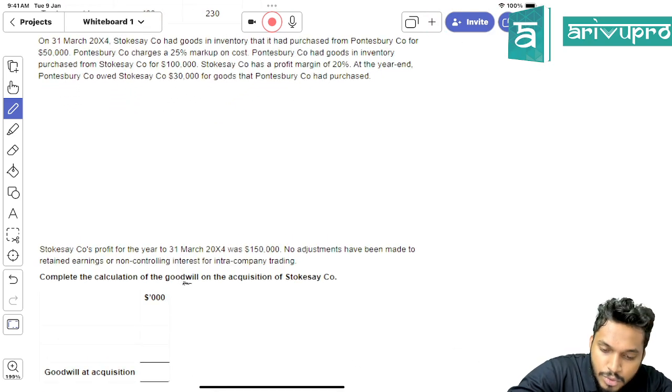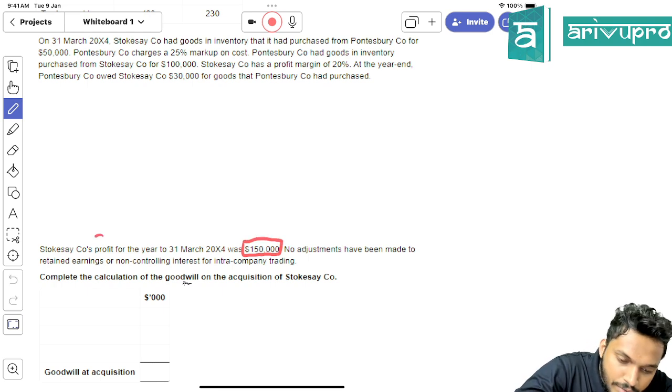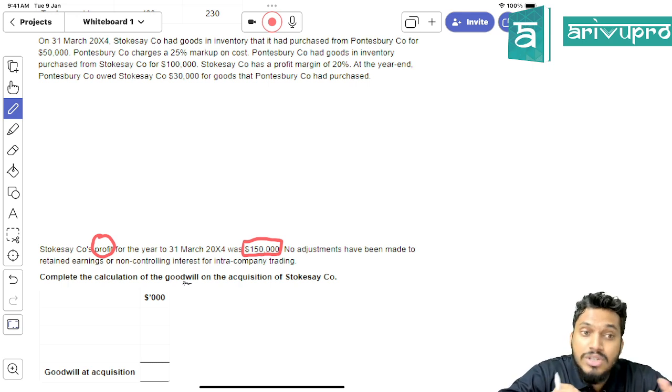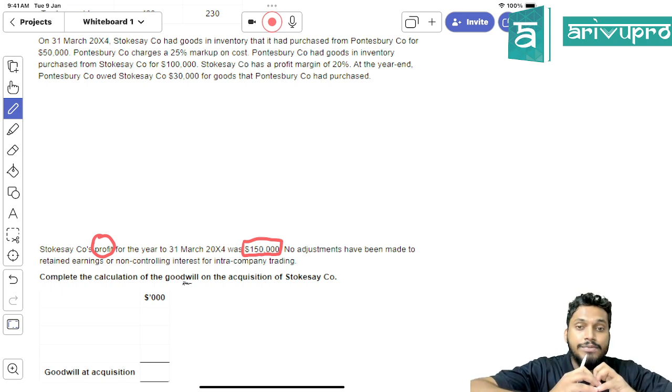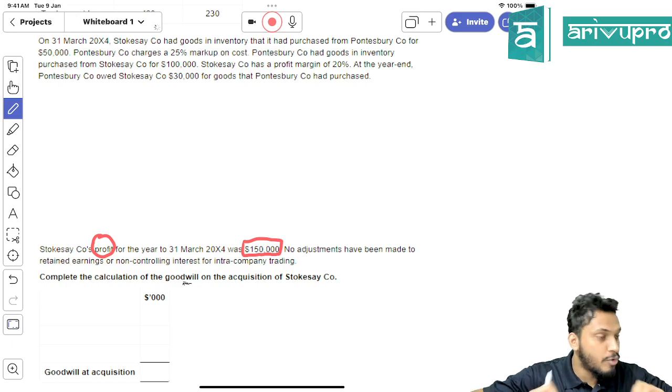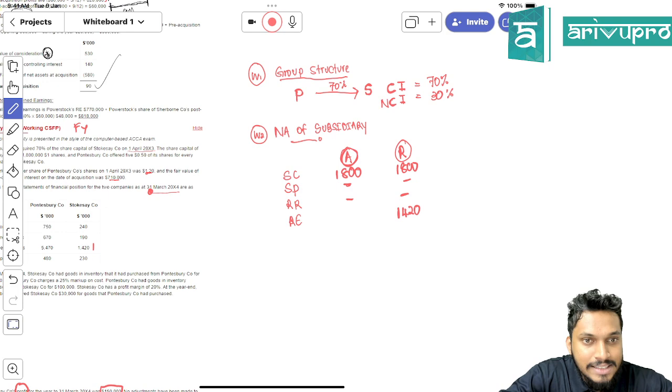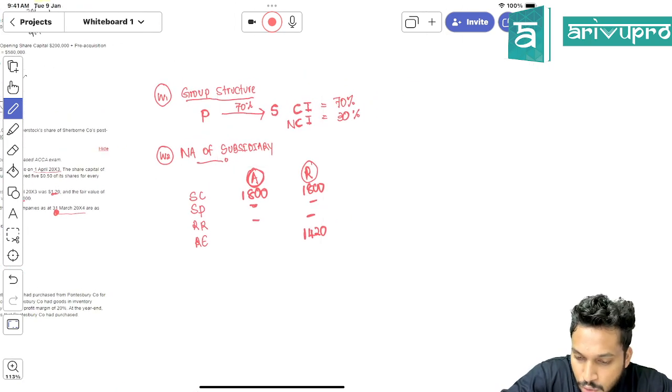They have given you 150,000 as the profits of the subsidiary for the period ending 31st March 2014. So that is for the year only, for your financial period. But you need to find your opening retained earnings. They are telling that your closing retained earnings is 1420.